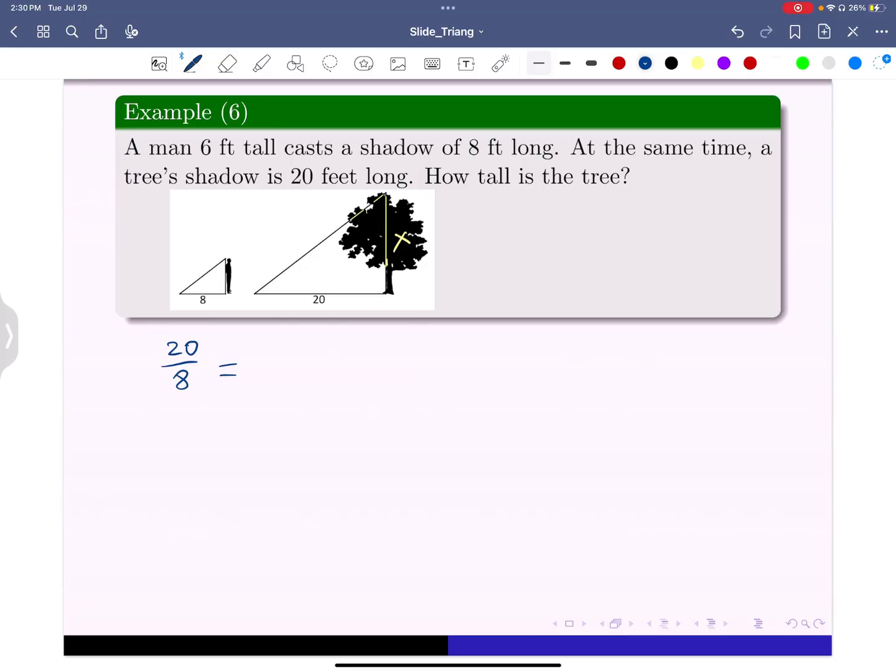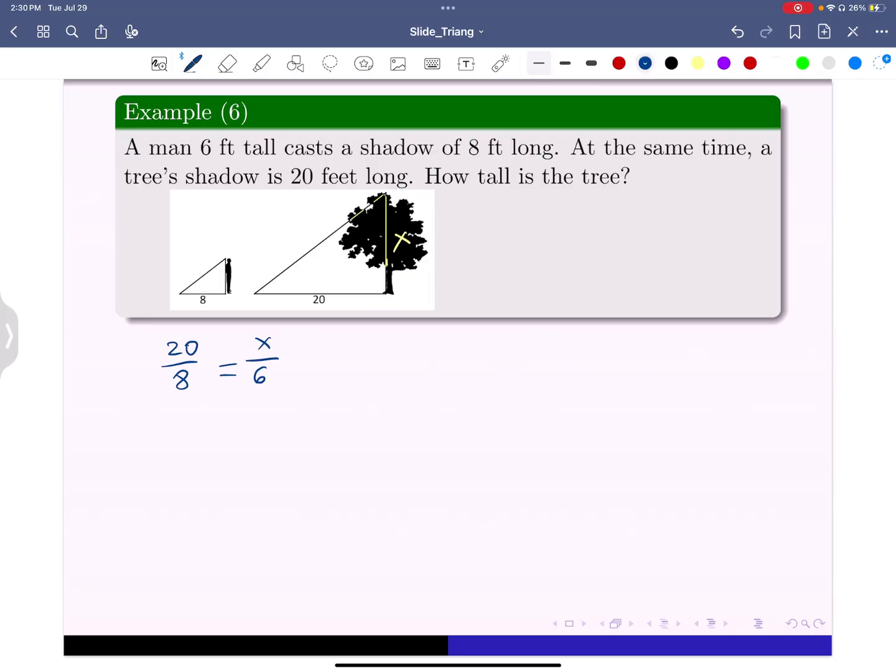So we will have x to the height of the man, which is 6. One more time, big to small, that's a scale, must be the same as big to small. So we have 20 to 8 must be the same as x to 6. And this would be the easiest, just cross multiply using proportion.